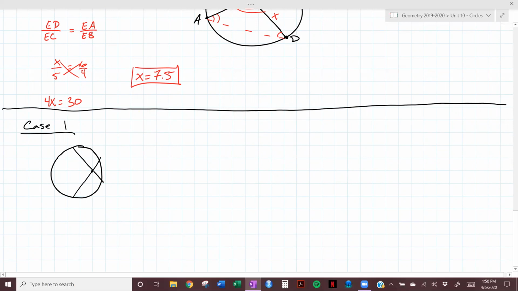Where they intersect is R, and here is the center of our circle. I'm going to call it P. Let me draw in red. So I have A here, C here, B here, and D right there. Okay, so in this case, A times B is equal to C times D.